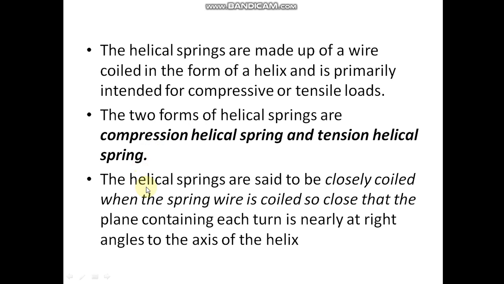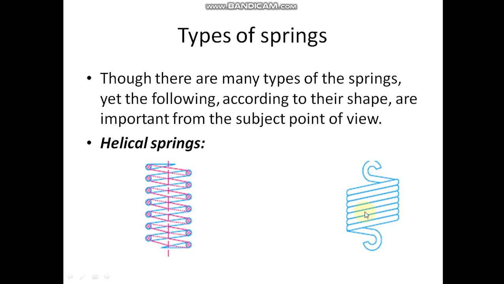The helical springs are said to be closely coiled when spring wire is coiled so close that the plane containing each turn is nearly at right angle to the axis of the helix. So in close coil helical spring, there is no gap between the coils.